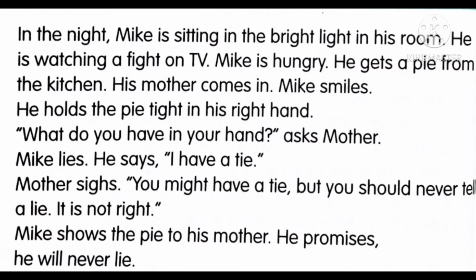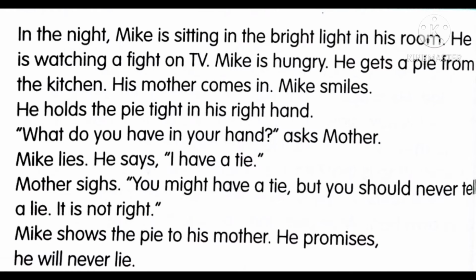So Mike lies. He says, I have a tie. Mother sighs. Sighing means taking a deep breath in a relaxed way, and you can see an expression on her face.